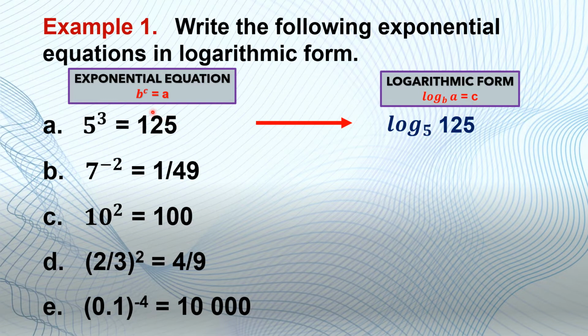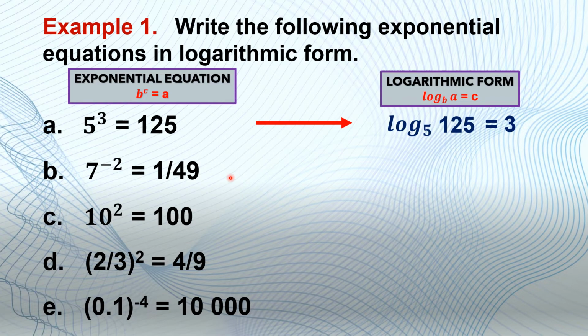Our c in the exponential equation is our exponent. So the exponent here is 3, so here it is equal to 3. So this is now the logarithmic form of the exponential equation 5 cubed equals 125. We have log of 125 with base 5 equals 3.